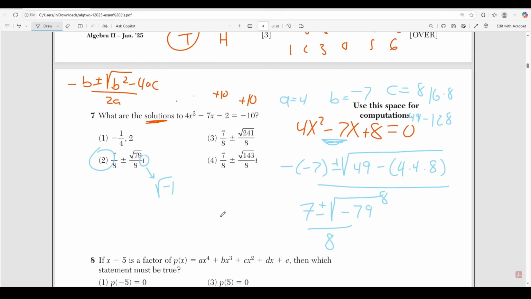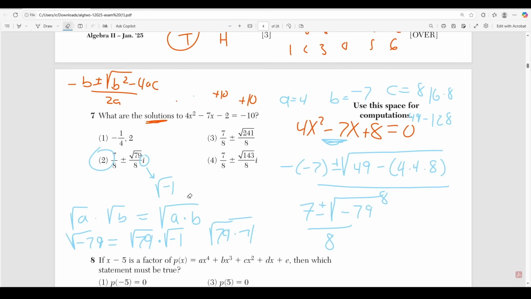And the thing about radicals is you can do multiplication underneath a radical symbol if you multiply by radicals. So if you have radical a times radical b, that's equal to the radical of a times b. So if you want to get rid of this negative sign, you can say that the square root of negative 79 is just equal to the square root of 79, which is good, we can have that square root because it's positive, times the square root of negative 1, because 79 times negative 1 is equal to negative 79.